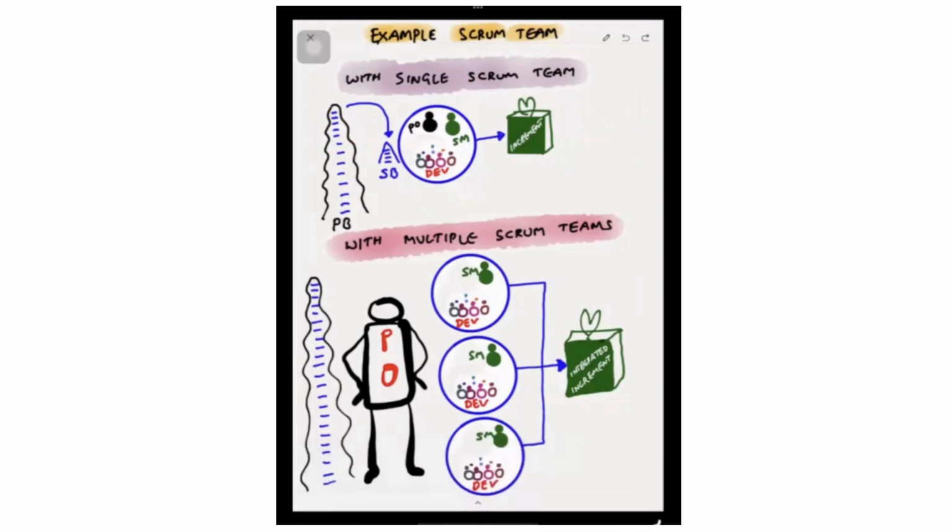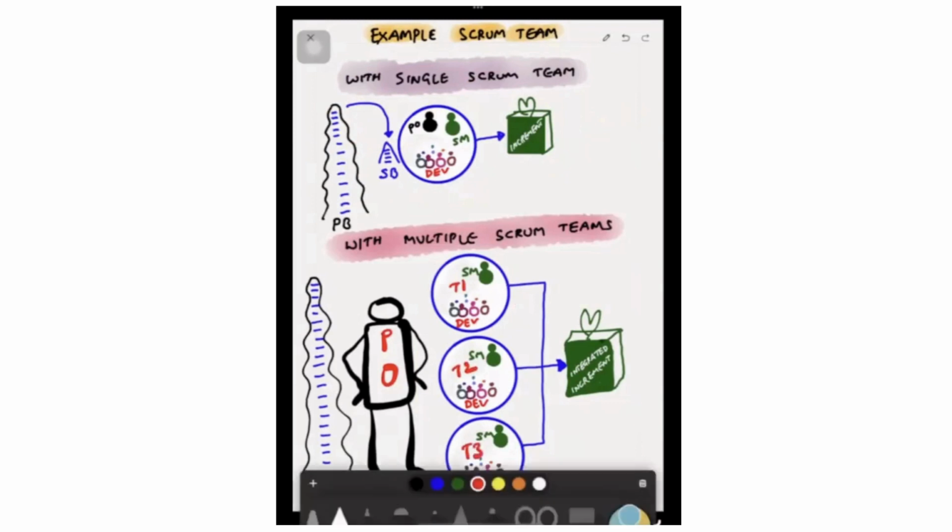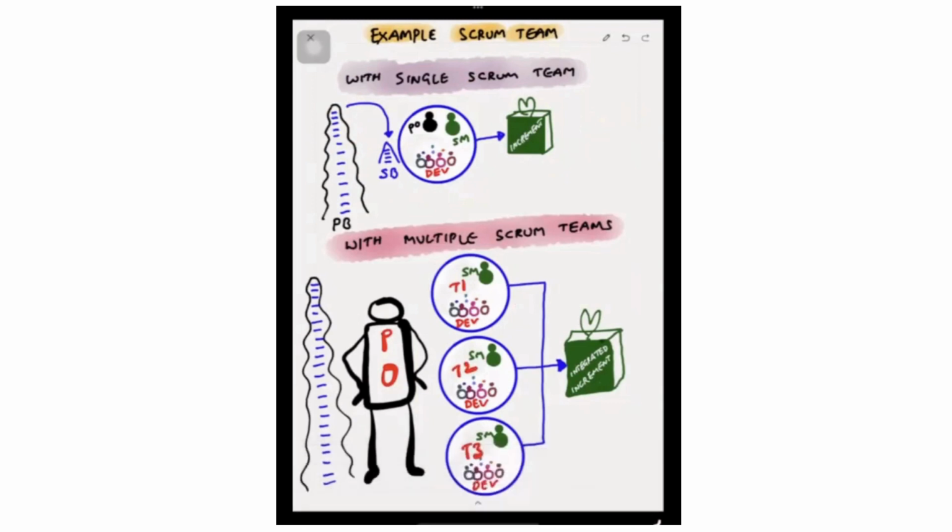In the bottom picture, you can see there are 3 teams working here. Let's say there is team 1, team 2, and team 3. These are 3 Scrum teams. Because the product owner has to support all the 3 teams, he cannot constrain himself to one Scrum team. That is why he is common to all the 3 Scrum teams.